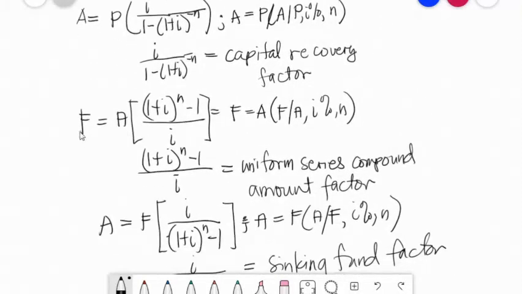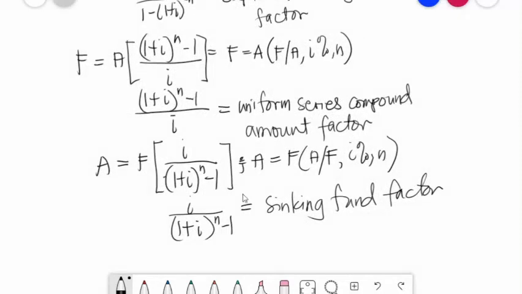The future worth is equal to the annuity multiplied by ((1 plus i) raised to n minus 1) all over i, or F is equal to A, F/A, i%, N. And ((1 plus i) raised to n minus 1) all over i is what we call the uniform series compound amount factor.